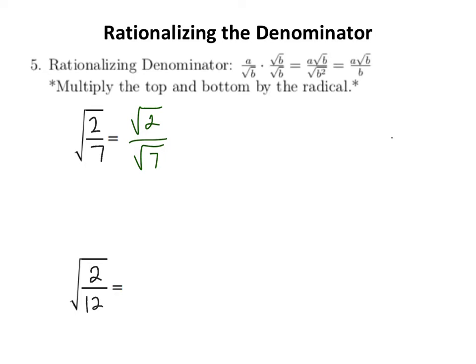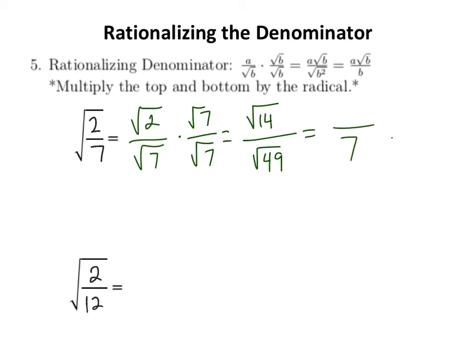So what you're going to do is called rationalizing the denominator. Since we don't want a radical in our denominator, in order to get rid of it, we're going to multiply both sides by the denominator. So multiply by that radical, square root of 7. Square root of 2 times square root of 7 becomes square root of 14, because I'm multiplying those two together. From the bottom, square root of 7 times square root of 7 is the square root of 49, but I also know that any square root multiplied by itself is equal to just the number inside.